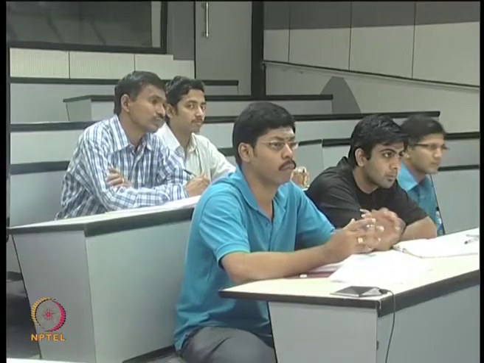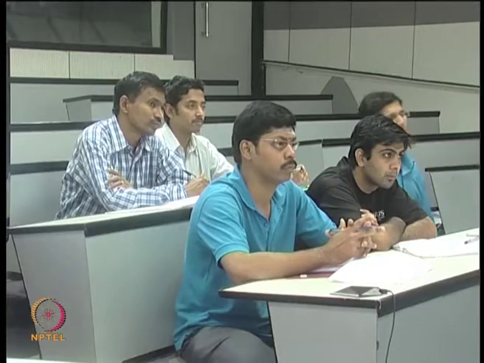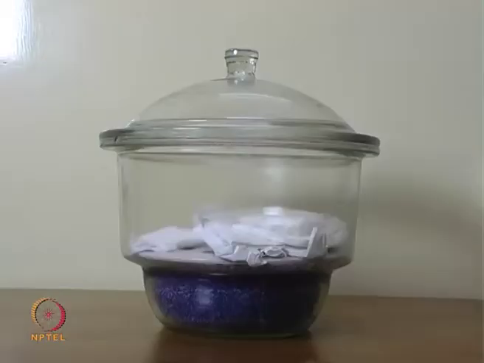Let us now see how photoelastic models are preserved. This is a desiccator which is used for storing the photoelastic models, and what you see at the bottom in blue is a silica gel which absorbs the moisture, and even the lid is put very carefully on the desiccator.